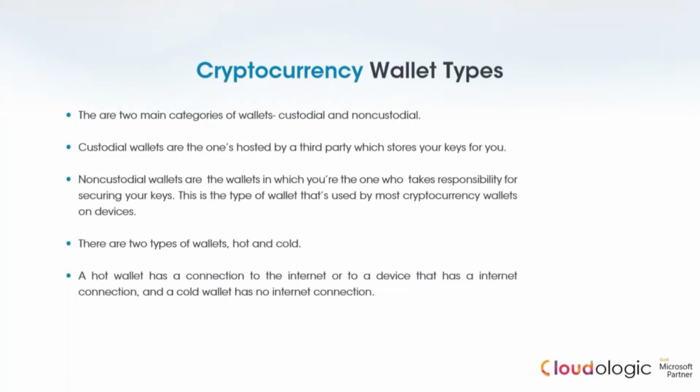Similarly, in non-custodial wallets, you'll be the one responsible for securing your own keys. This is the type of wallet that is most used today. There are two further categories, hot and cold. A hot wallet has an internet connection at all times, and a cold wallet has no internet connection or is only partially connected.